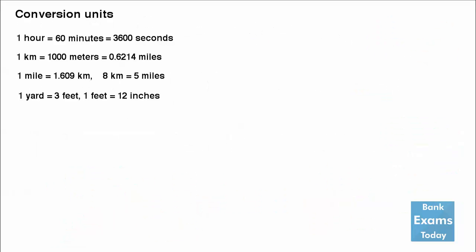To solve the questions from time, speed and distance, you should know these basic conversion units. First of all, 1 hour is equal to 60 minutes and 1 minute is equal to 60 seconds. So 60 multiplied by 60 is equal to 3600 seconds. 1 kilometer is equal to 1000 meters, and 1000 meters is equal to 0.6214 miles.